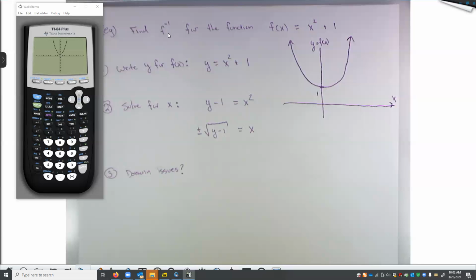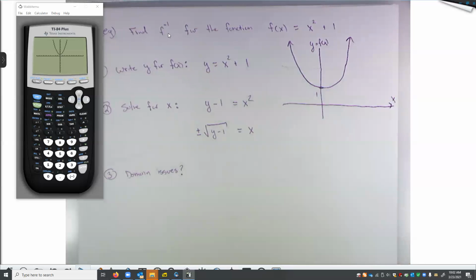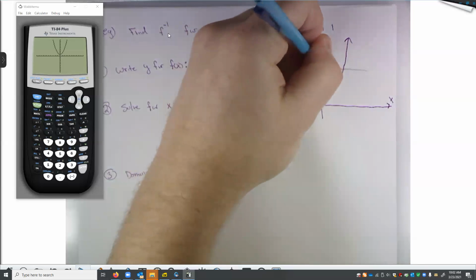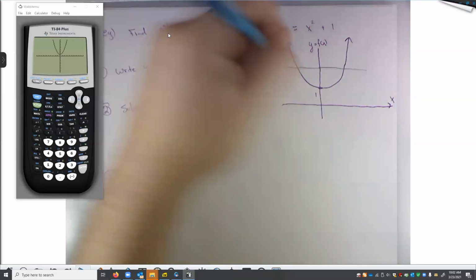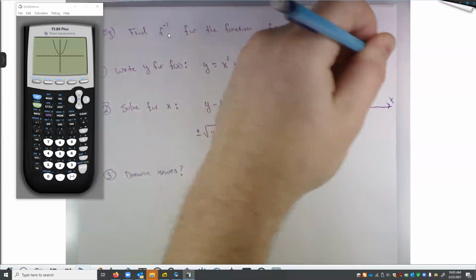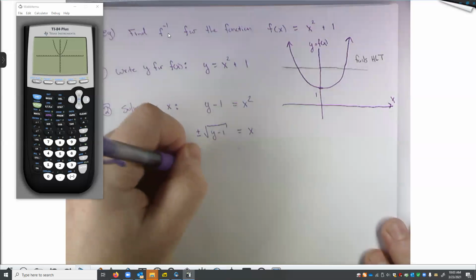No, it's not. Good, because there's lots of horizontal lines that hit this function's graph more than once. This fails. Let me draw in a horizontal line here. So this fails a horizontal line test. And that's what tells us there are domain issues.